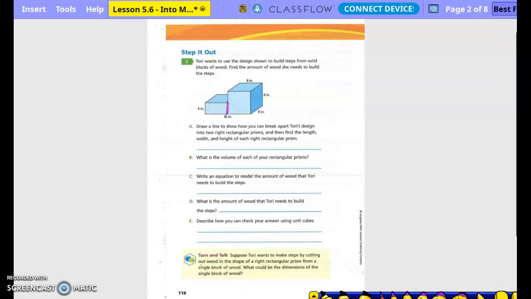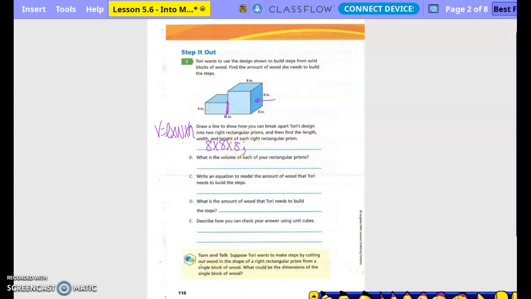Okay, so we already know that this cube is what? First of all, what's our formula? Volume equals length times width times height. So the first one, this one right here, we'll call it box 1, would be, what's our length? 8. What's our width? 8. And what's our height? 8.